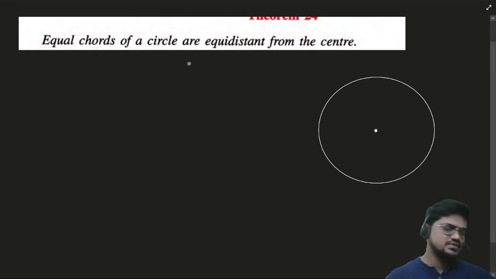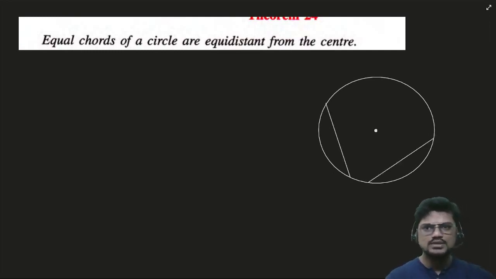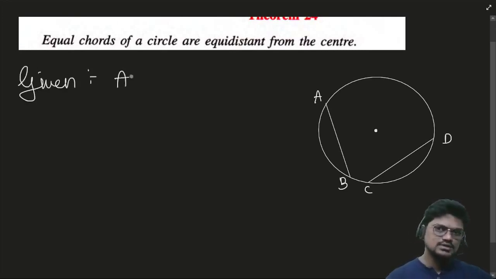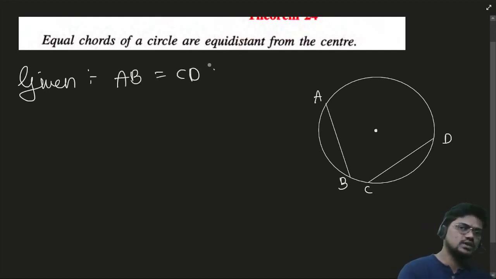Equal chords of a circle means there are two chords which are equal in length. Suppose this is one chord and this is another chord, but both the chords are equal in length. That means if this is AB and this is CD, what is given is AB is equal to CD. The two chords are equal.